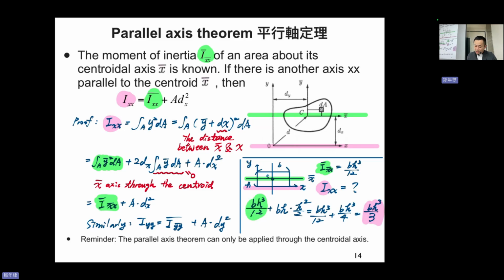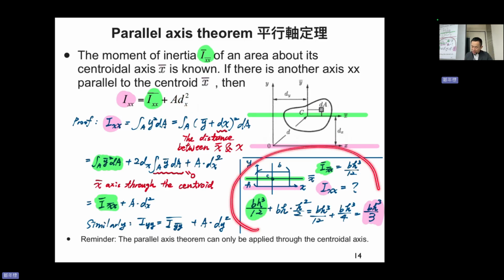So you can see that this is the parallel axis theorem. If you have a cross section, you bend it, not necessarily always through the centroid axis. You may go to another axis you want. If you are going to move the axis to a new axis parallelly, you need to add in area times the distance difference between the two axes squared.